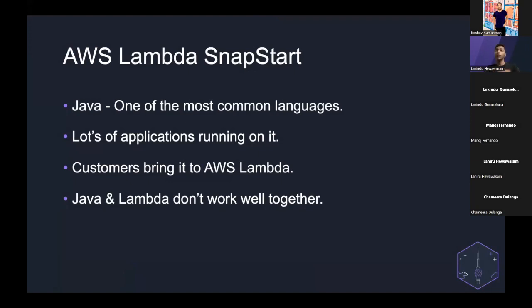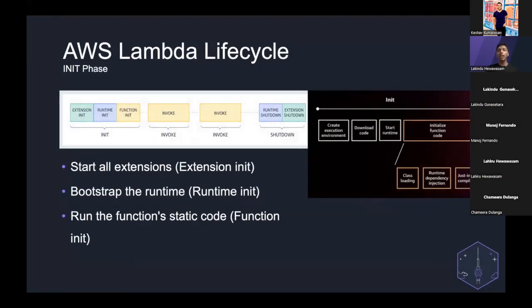So why would you say that Java does not work well? Even though it's a high performing language, right? You build a lot of production ready applications with it. This all boils down to your actual Lambda life cycle. When you take a look at the Lambda life cycle, you have the execution initialization phase.